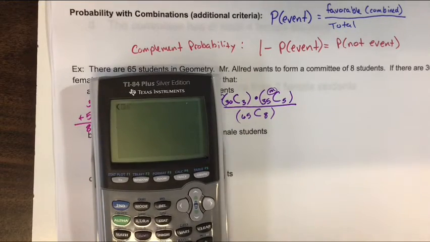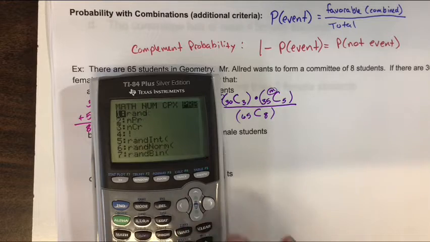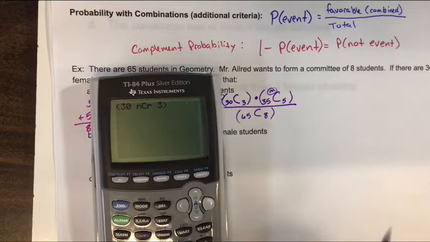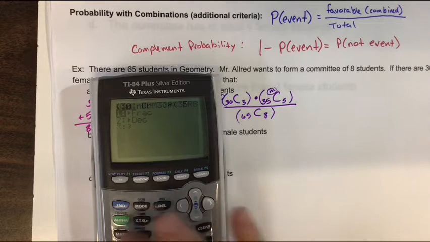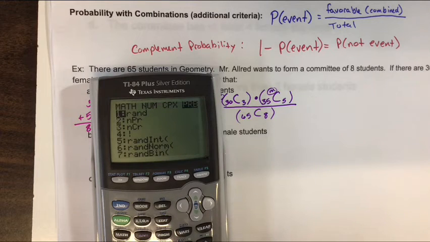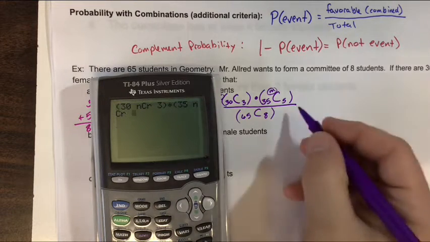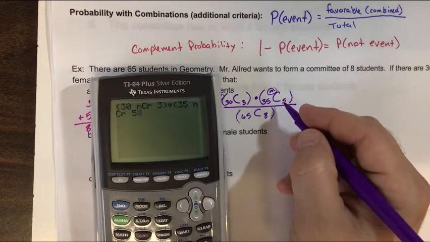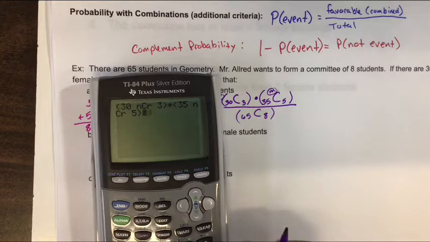Parentheses, 30, combination 3, parentheses. You can hit times if you want, you don't have to. Times 35, math, probability, option 3. Combination 5, so 35, we're choosing 5 of them. Close that parentheses, divided by your total, 65.